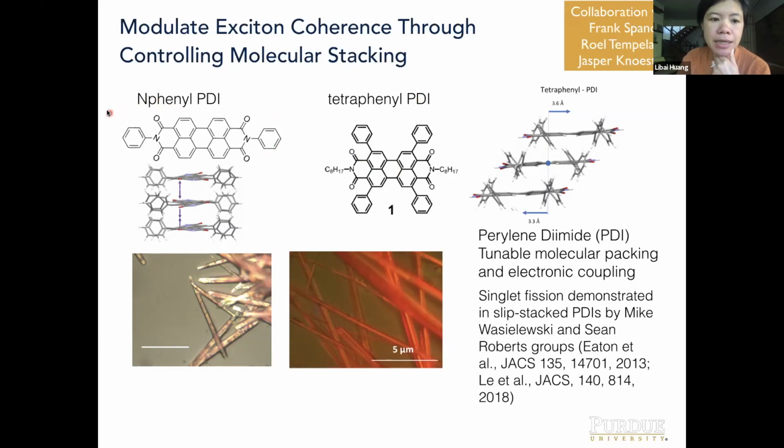The difference is the substitution groups, either on this edge or on what is known as the bay location. They can induce different amounts of slip stacking, and so can significantly impact the short range coupling, also known as the charge transfer coupling.